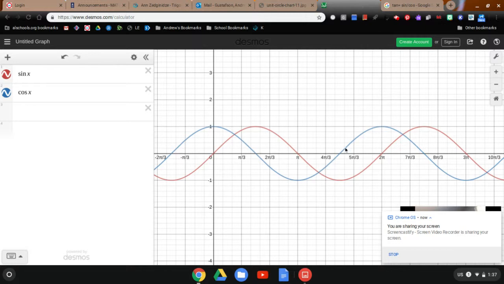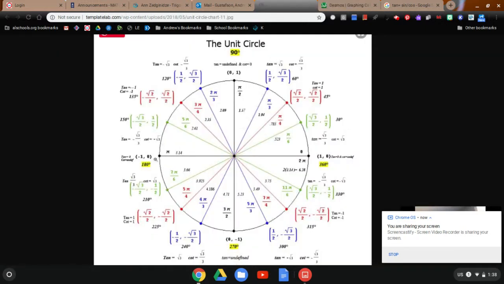And if you keep going to 2 pi, we're back at the beginning again. We've gone full circle around that unit circle. Same thing with sine. We start at 0, halfway around we're back at 0, and then we're back at 0 again at 2 pi. So the halfway and full way around the circle in terms of radians is pi radians and 2 pi radians.